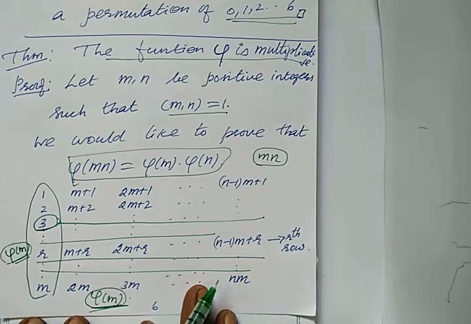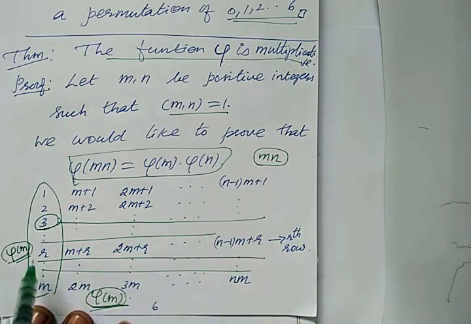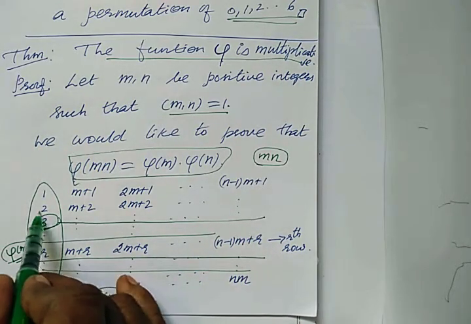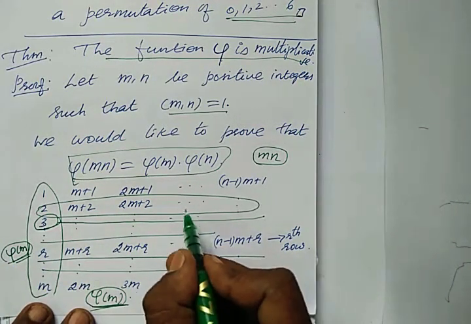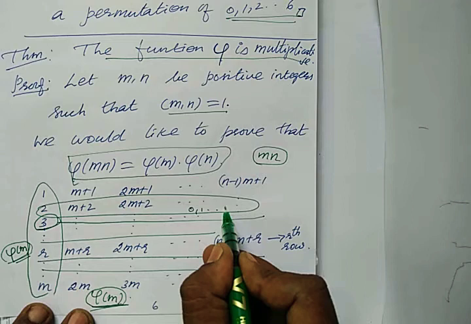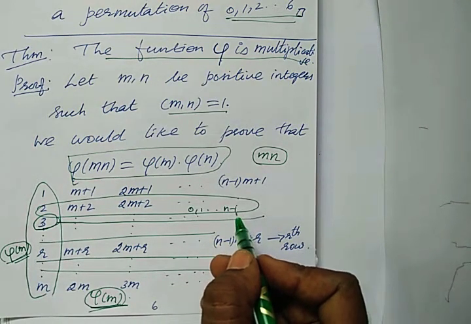And just now we saw a lemma that ensures that each row leaves the remainders 0, 1, etc., up to n minus 1 when we divide by n.